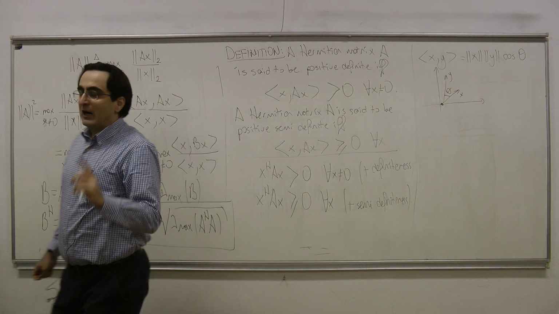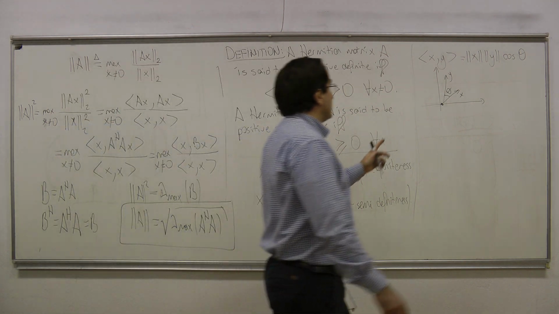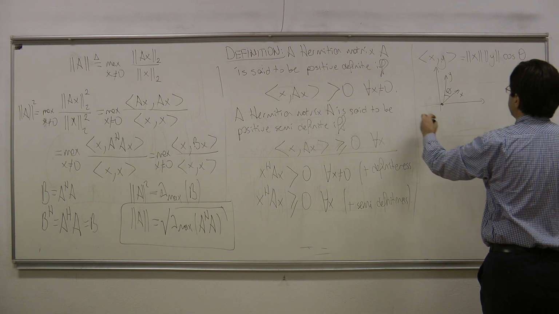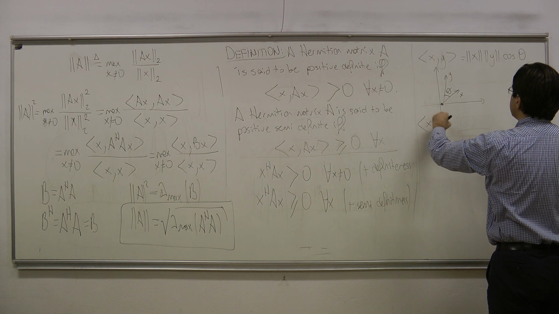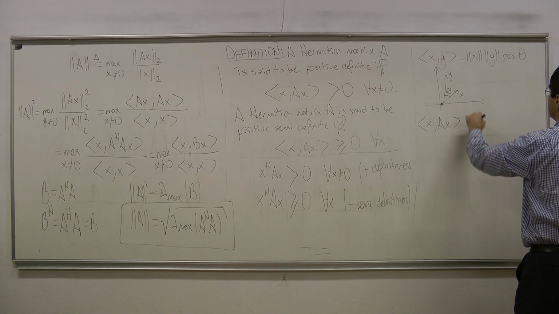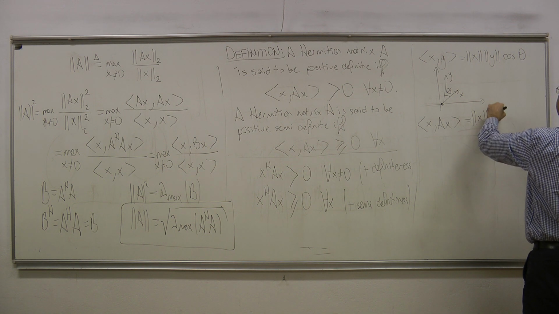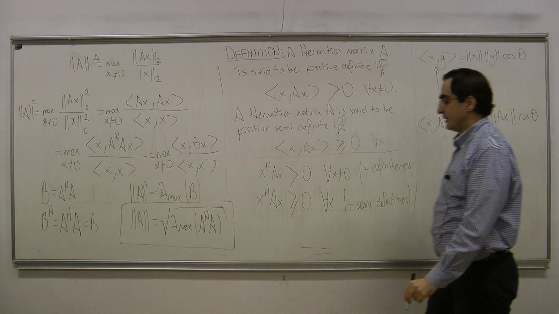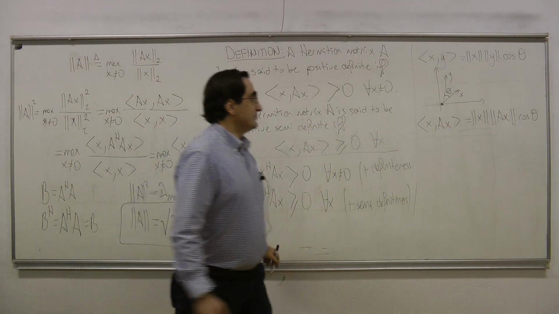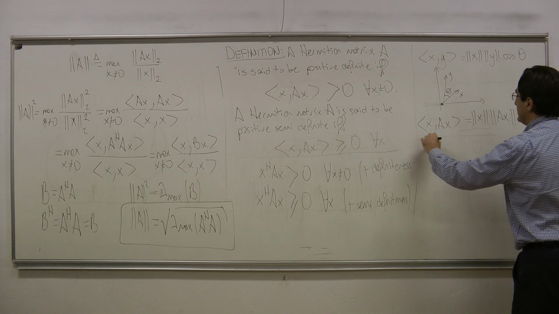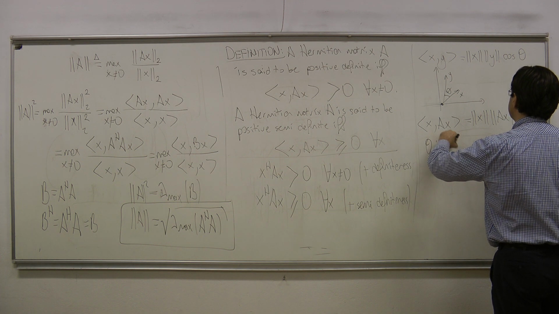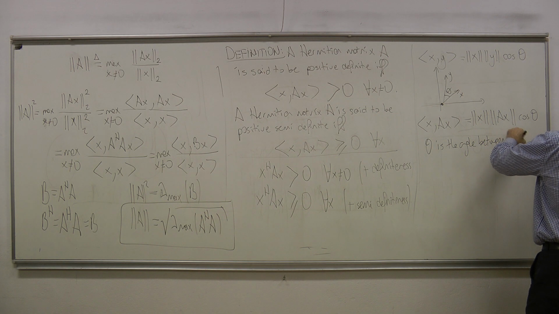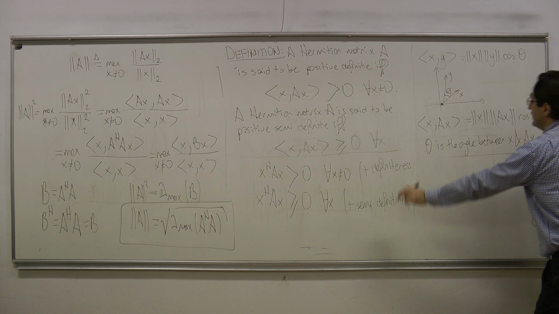Now I'm going to apply this to our case. This is x. Instead of y, I have Ax. So I have x, I have Ax, and I have cosine theta here. And this angle theta is the angle between x and Ax.